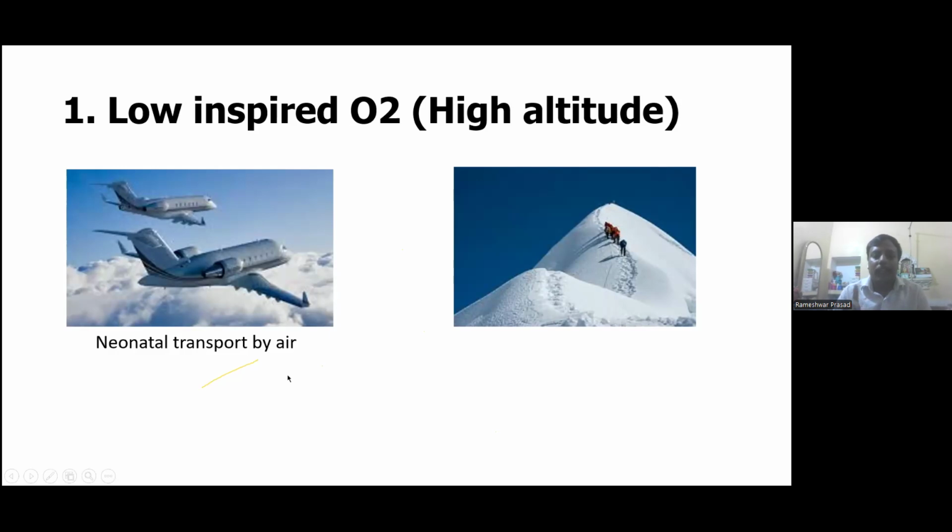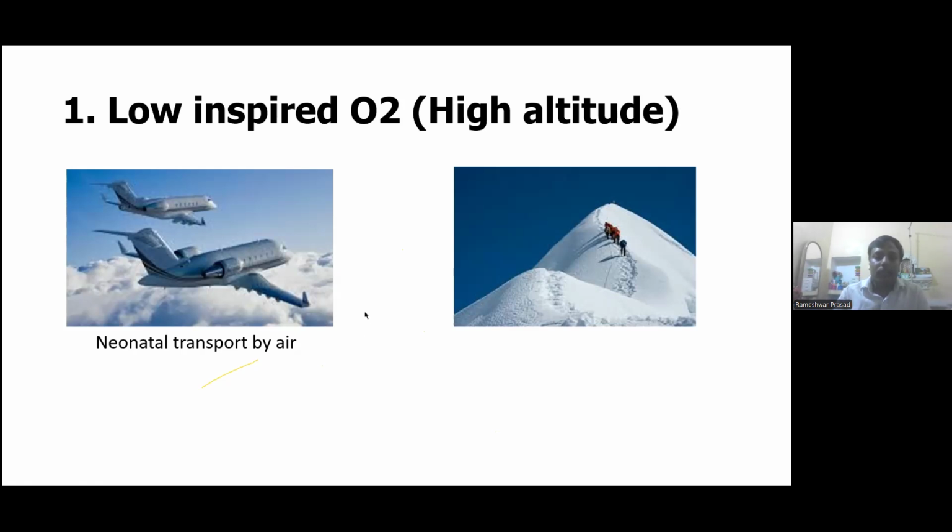What will be the atmospheric pressure at 10,000 feet above sea level? Will it be 760 millimeter mercury, or will it be lower? It will be lower. As we go high, the atmospheric pressure comes down. Therefore, at 8,000, 10,000 feet above sea level, it might be 600 millimeter mercury.